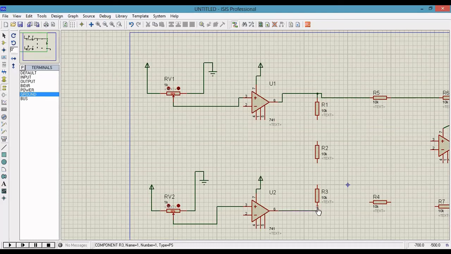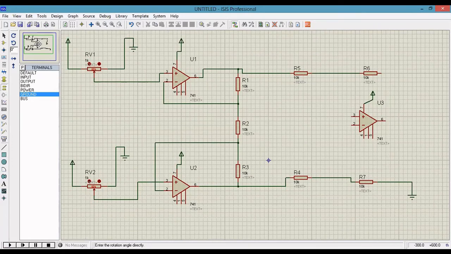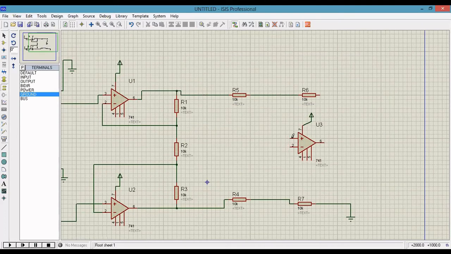Next, pin number 6 is connected to this resistance. Pin 3 is connected and pin 2 is connected. This pin 3 is connected.